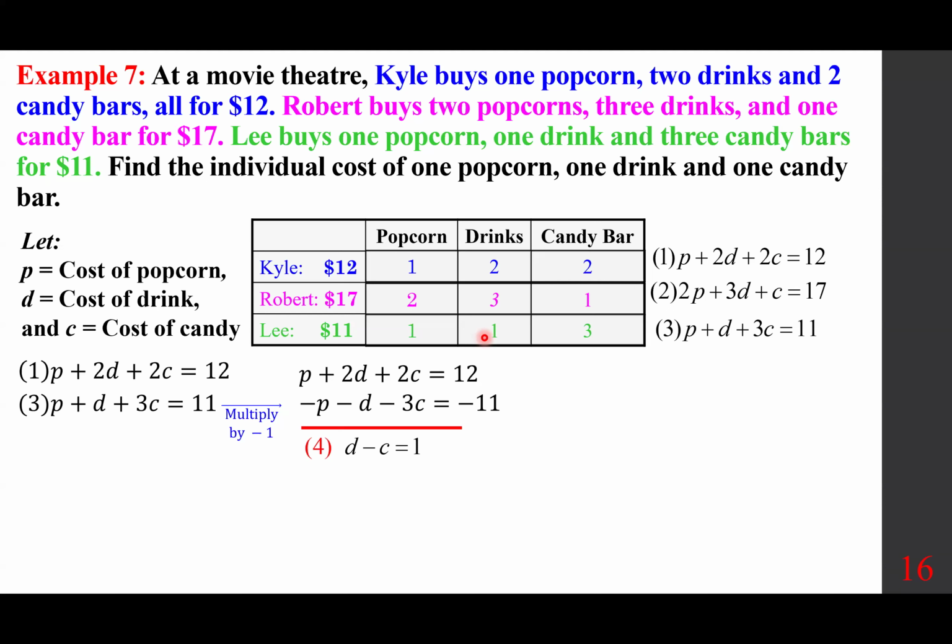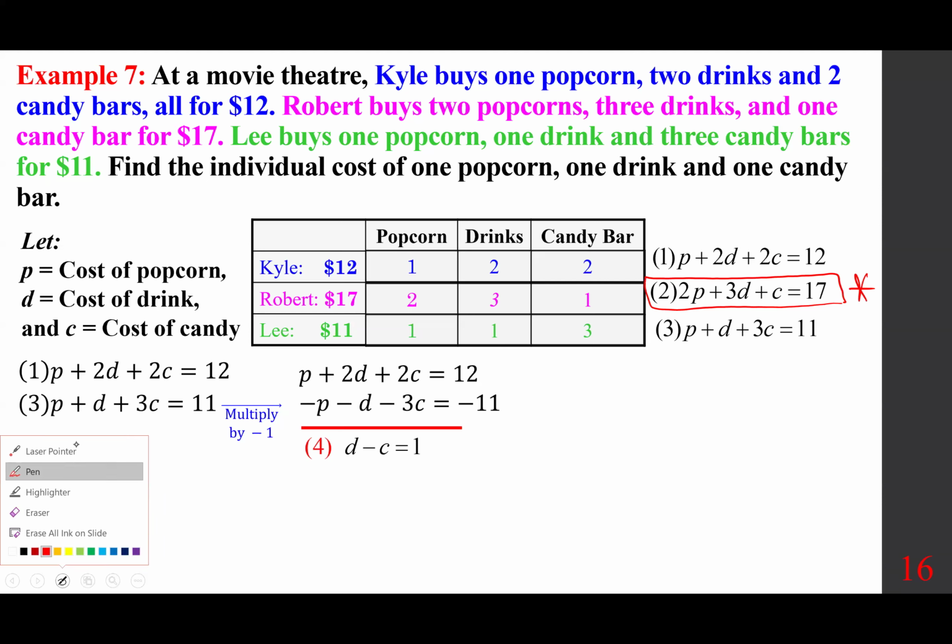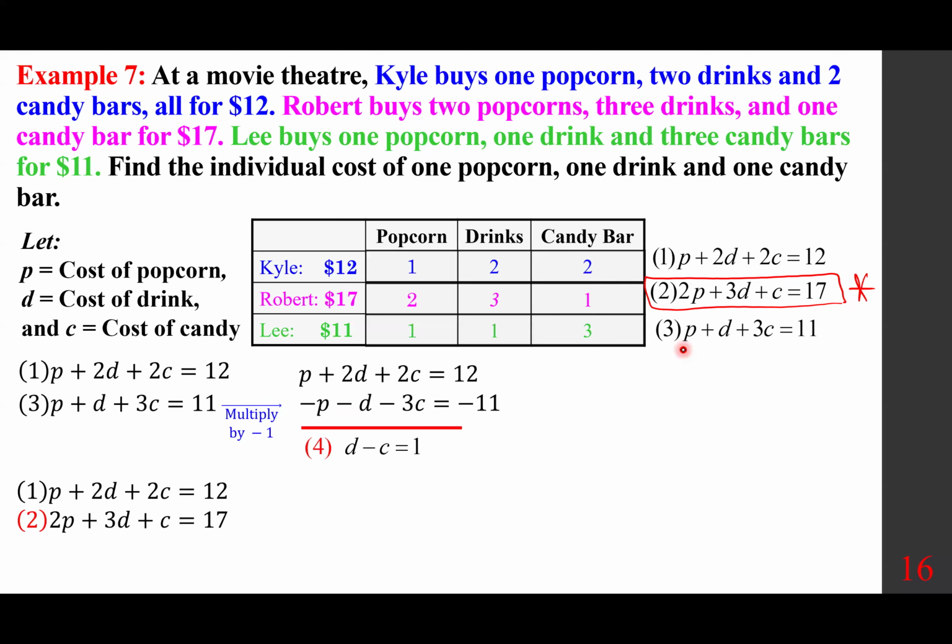Which one hasn't been used yet? Number 2 hasn't been used yet. Must be used. Does it matter if you use 1 or 3? No. So we use it with 1, let's say. 2, we have no choice because it hasn't been used.